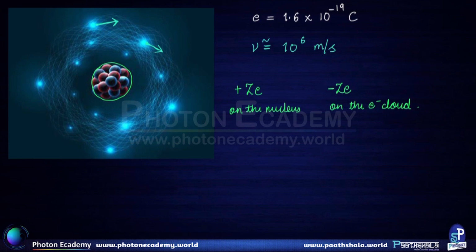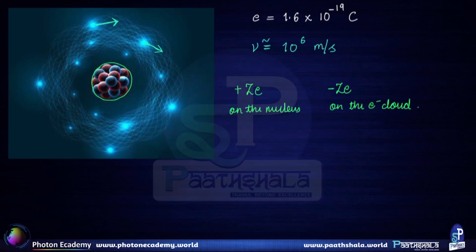So this is how we describe the atom, and the electrons, protons and neutrons are called our fundamental particles. The electrons typically revolve in circular or elliptical orbits around the central atom.